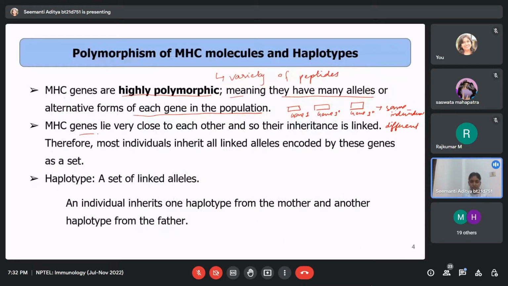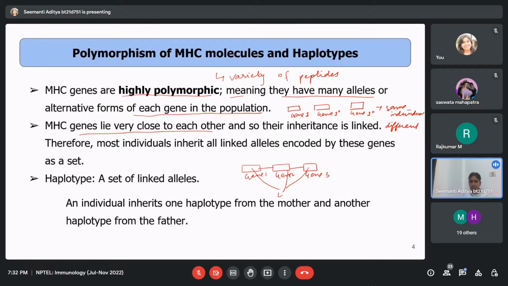Also, MHC genes lie very close to each other, so their inheritance is linked. So there are several genes, say MHC gene 1, MHC gene 2, MHC gene 3. All these genes lie very close to each other, so their inheritance will be linked. So all three genes will be inherited at the same time instead of recombination, because most of the time when we are studying inheritance, your genes will get recombined and you will obtain a set of recombined genes from your parents.